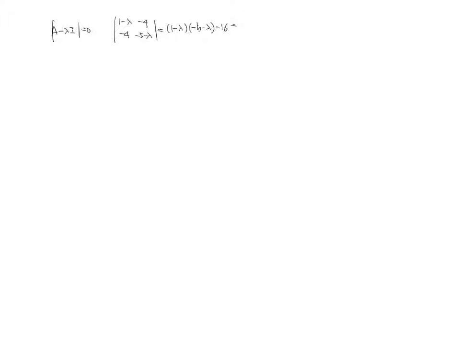So we have lambda squared plus 4 lambda minus 21, which is (lambda plus 7) times (lambda minus 3), and this should be 0, so we have two eigenvalues, negative 7 and 3.